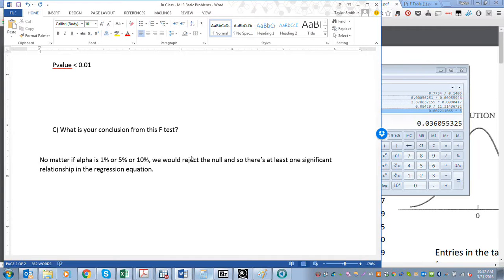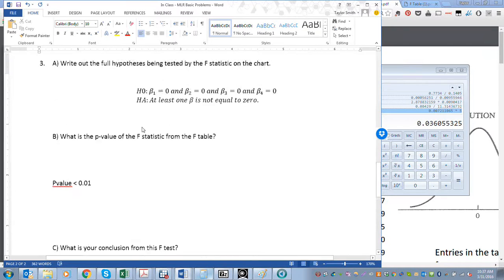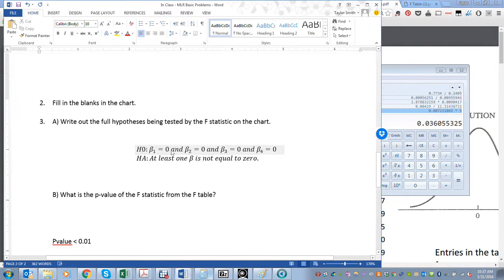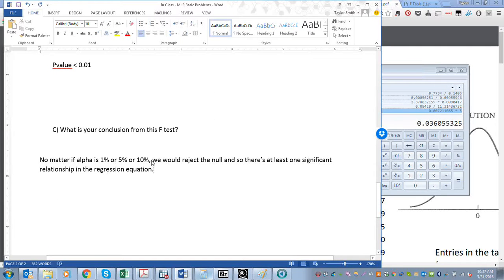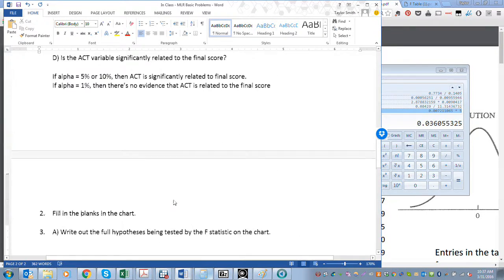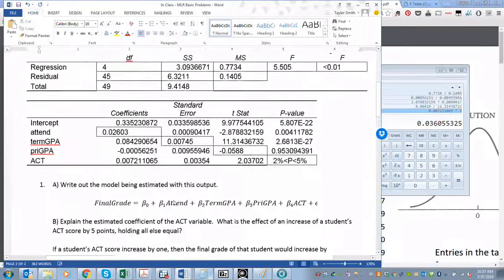We basically were rejecting the null here, so they're not all 0. At least one beta is not 0, which means at least something is significantly related to our dependent variable, which is the final grade. We don't know what from the F test. And that's it. That is all three pieces of this.